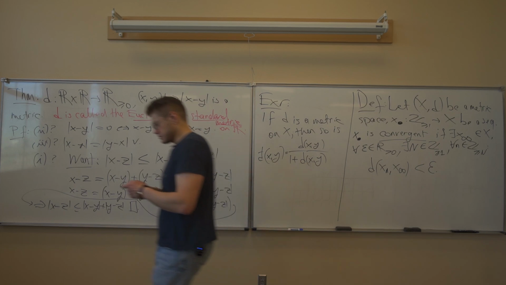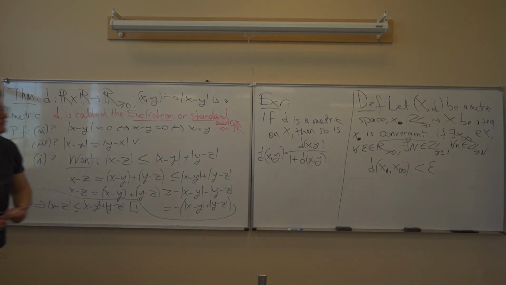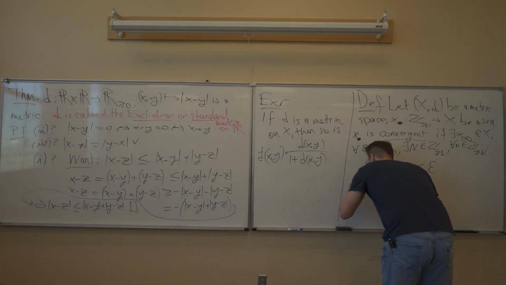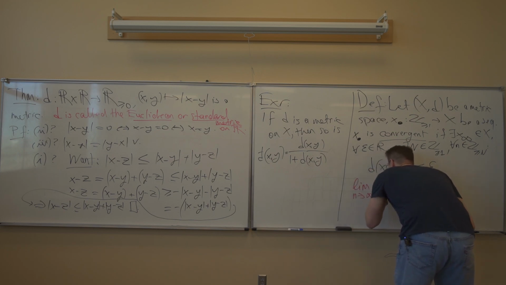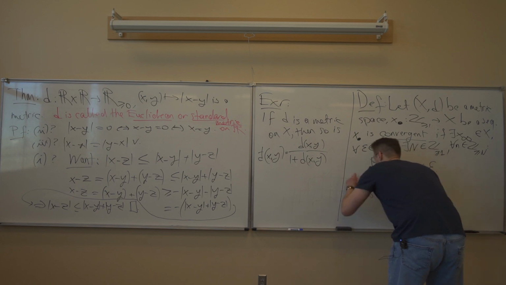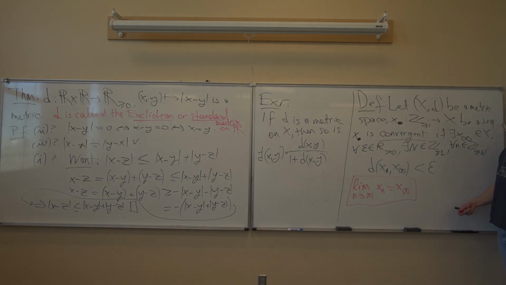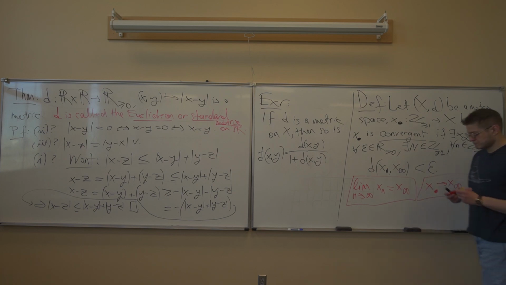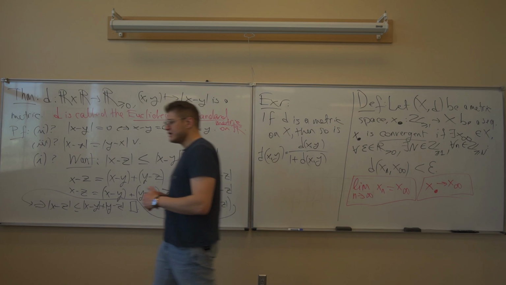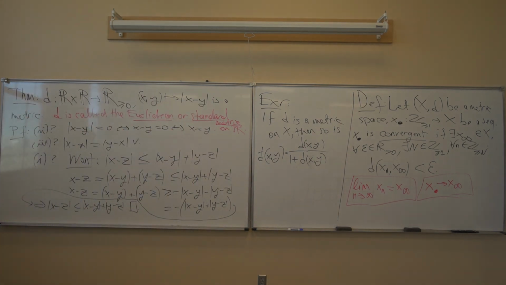So let me just write it. You can write it like this, or you can just write x bullet arrow x infinity as an abbreviation. That's also very common. And x infinity is called the limit of x bullet.